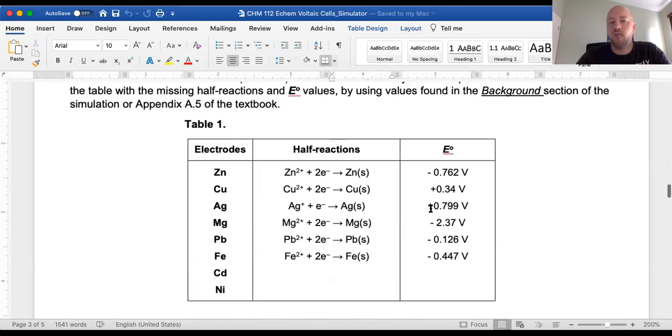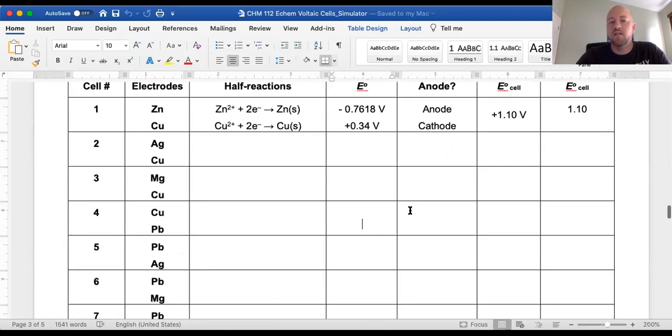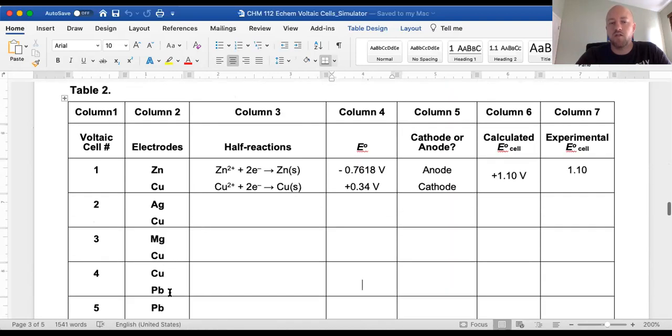You have tables of the E naughts, and we add the potentials together in order to get the E cell calculated. Then you can compare this to what you get experimentally, because you can set this up in the simulator, put one of them as the anode and one as the cathode, and it gives you a little reading on the voltage meter.